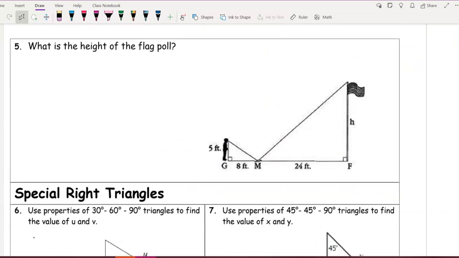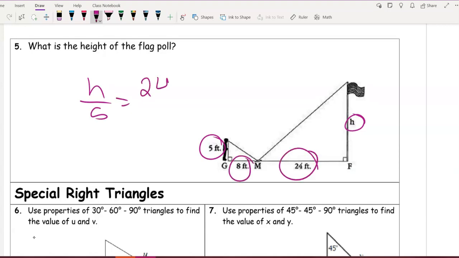All right, number 5. Just kidding, we're still here. Number 5, what is the height of the flagpole? We're going to do the same thing. Height over 5 equals our other fraction, 24 over 8. You have to start with the same triangle. If we start with this triangle, then on both fractions we need to start with that triangle.